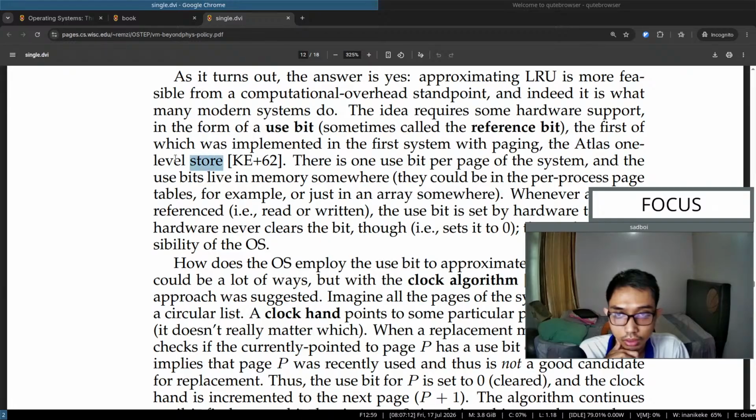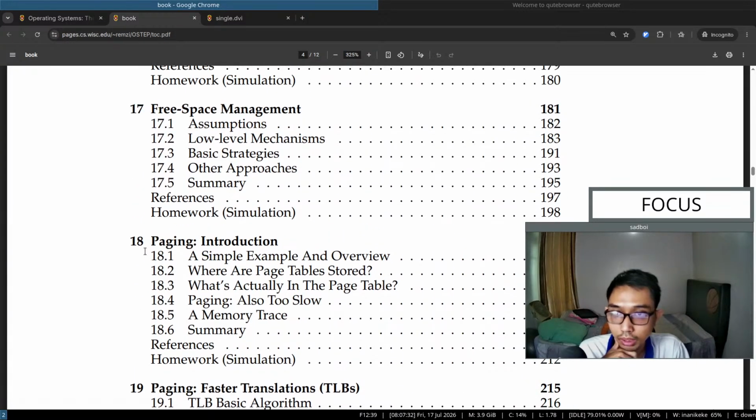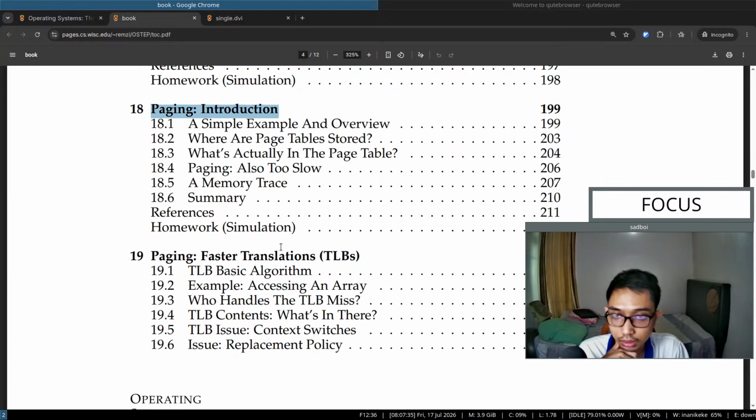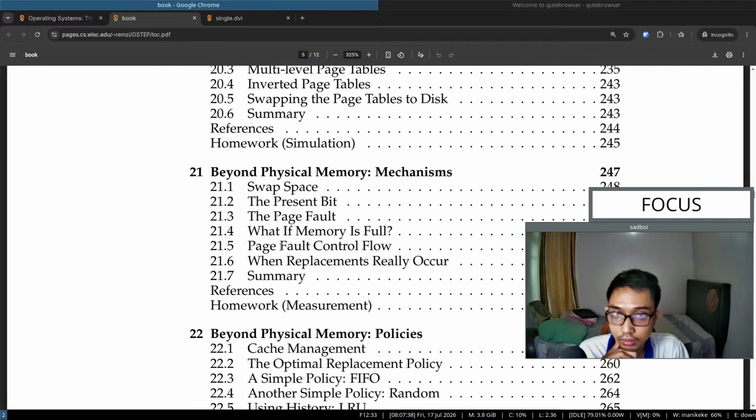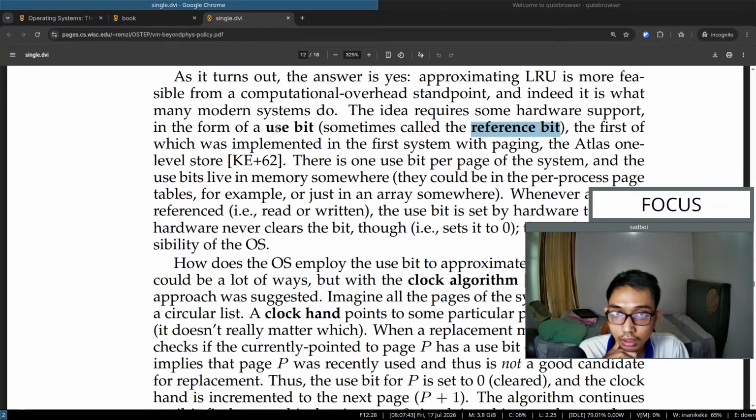The first of which was implemented in the first system with paging, the Atlas one-level store. I think the book mentioned this use or reference bit in a previous chapter, probably around the paging introduction, when we were talking about the page table entry.